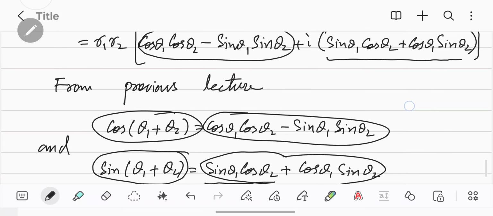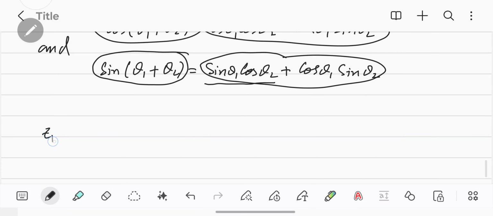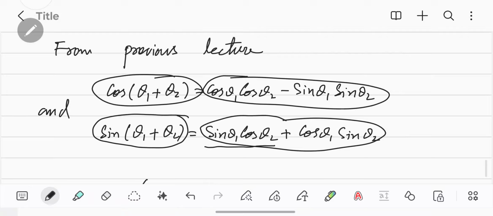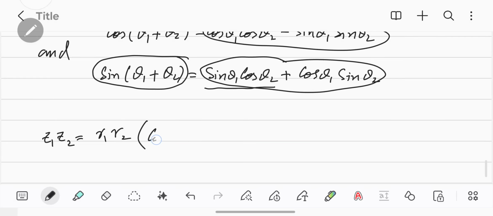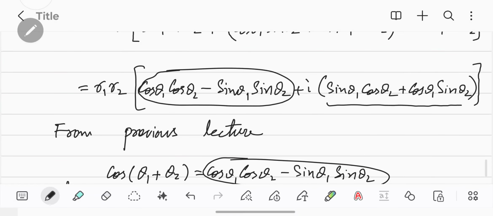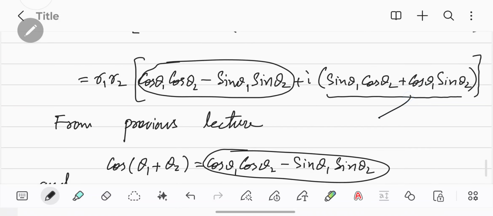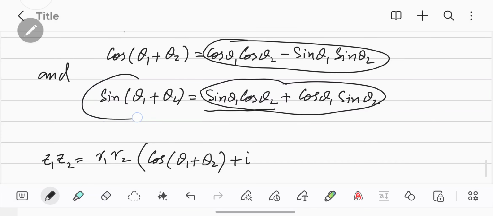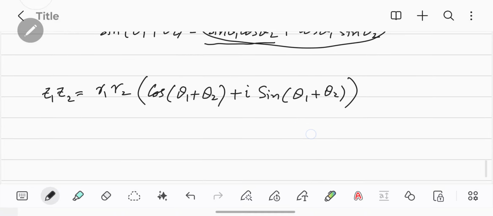If I plug both of these values into this equation, I'll get z1 times z2 equals r1 times r2, cosine of theta 1 plus theta 2, plus i as it is, and here I plug in sine of theta 1 plus theta 2.